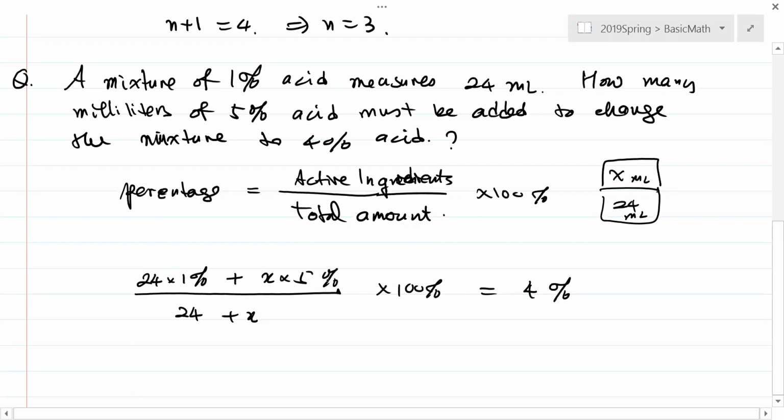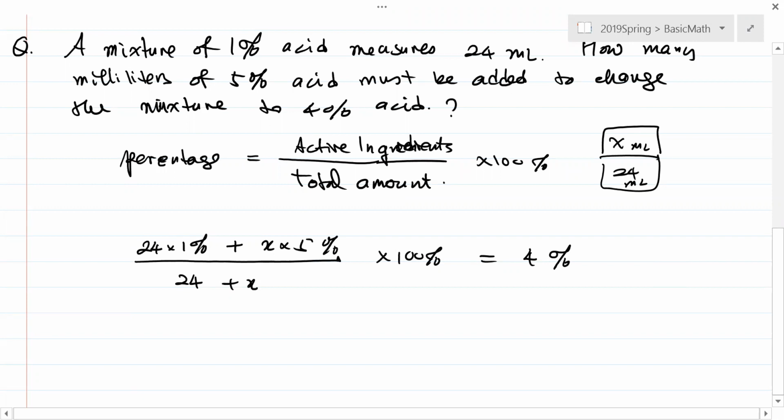The mixture of 1% acid includes the active ingredient, which is 1% of the 24. The active ingredient also comes from the added solution of a high concentration. You add them together, some part from there, some from there. This is the equation you should get.